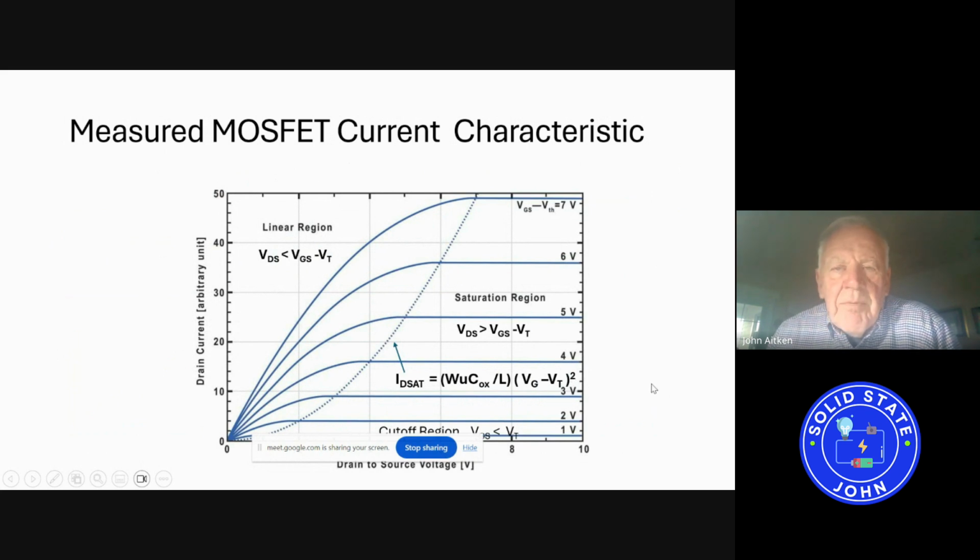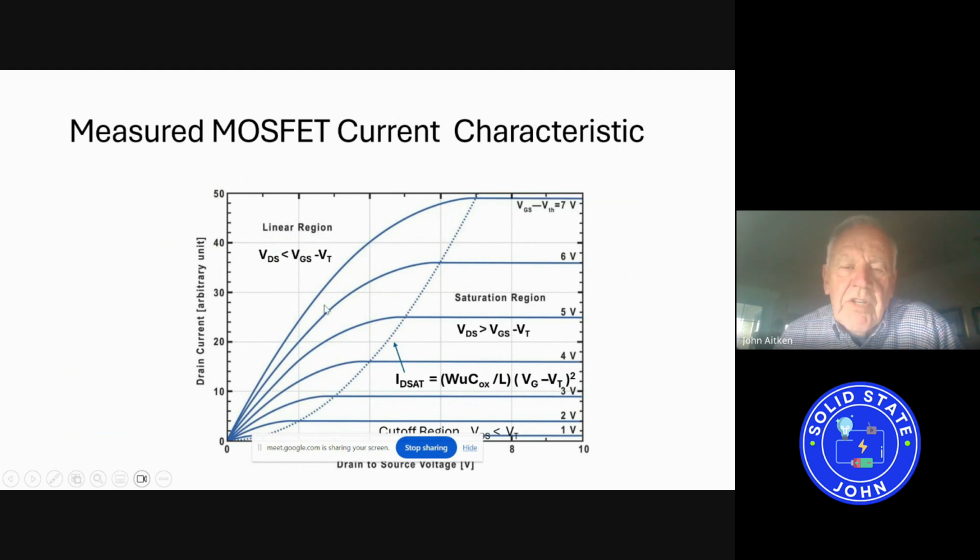This is an example of a measured MOSFET current characteristic. As you can see, this is the linear region up in here, and in the early portions, it's very much linear. It will increase along these curves as it goes along.